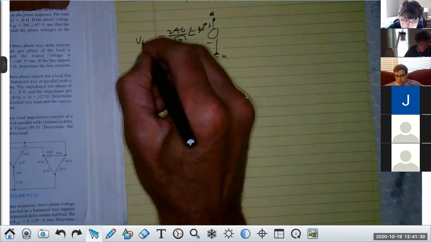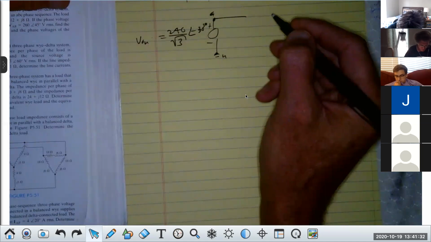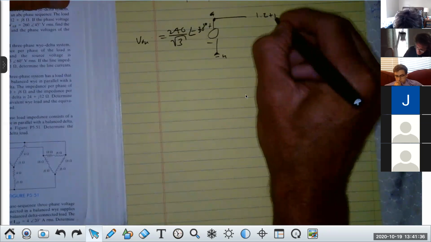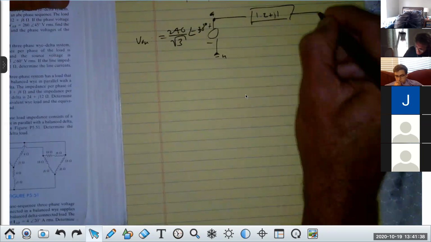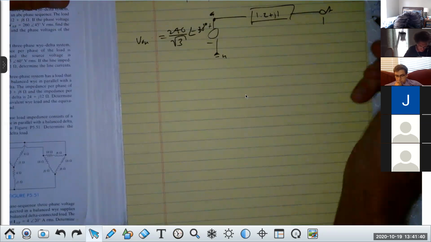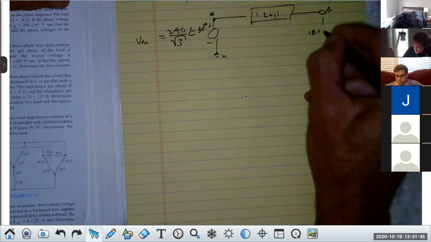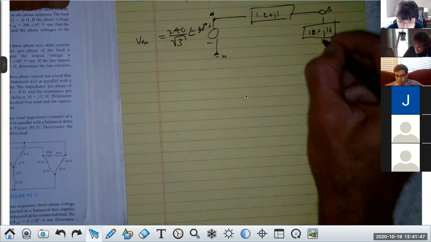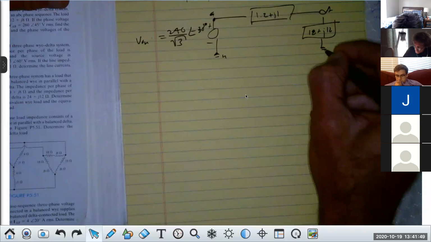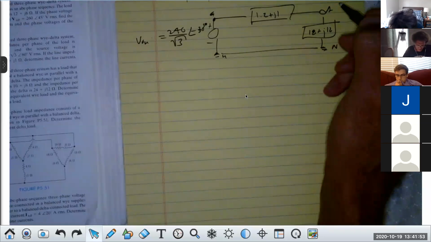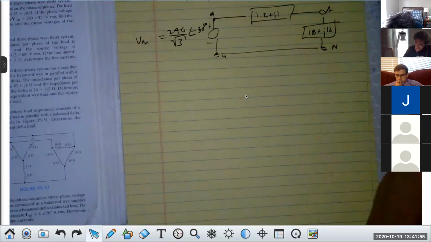Now the line impedance in this one is 1.2 plus J1. I'm going to just write it like that. Then I'm at capital A, and then I have a load here of 18 plus J12, and determine the line currents and load voltages.